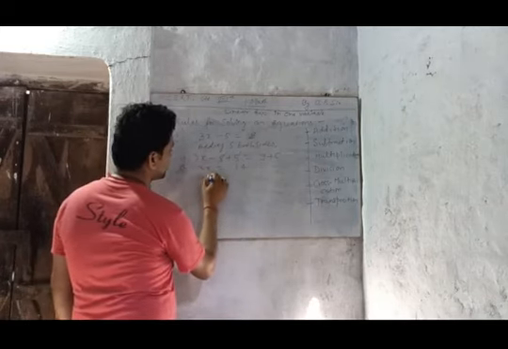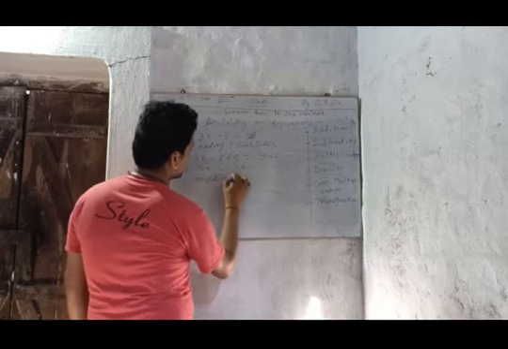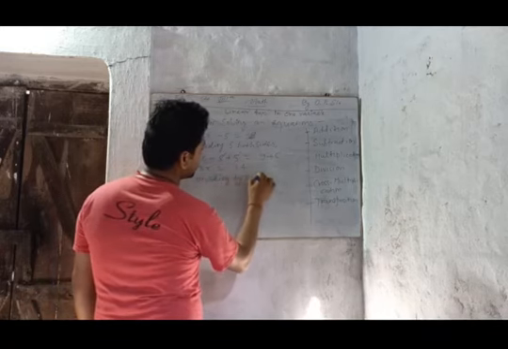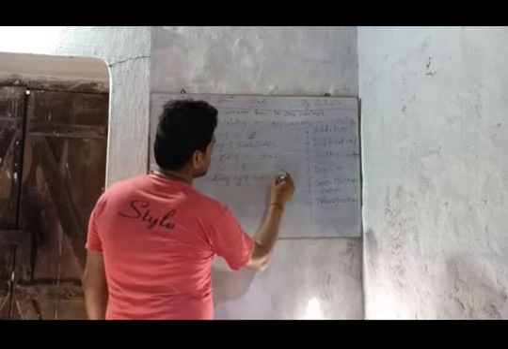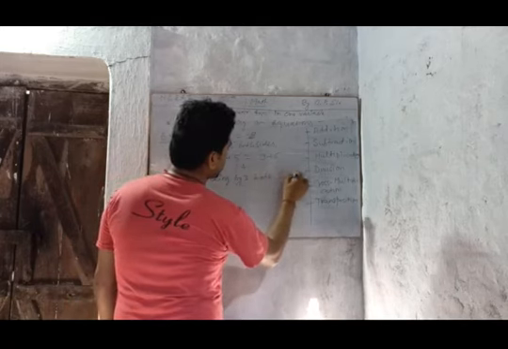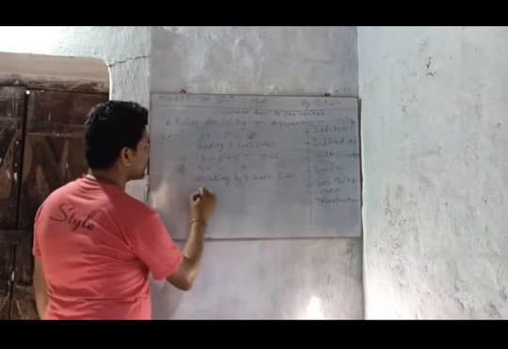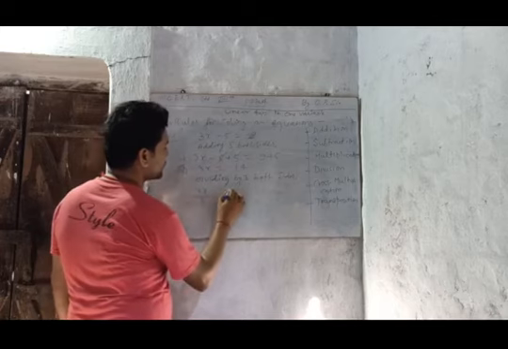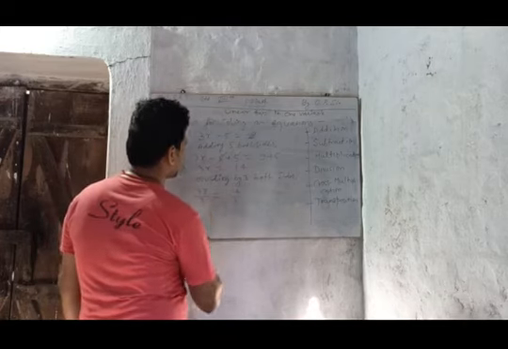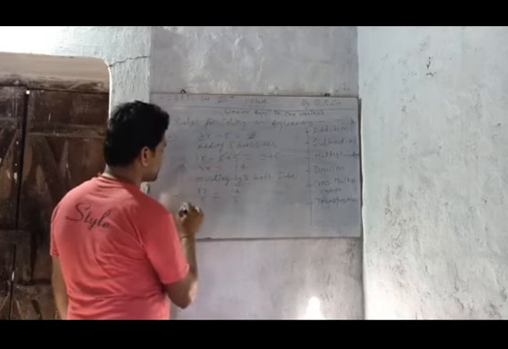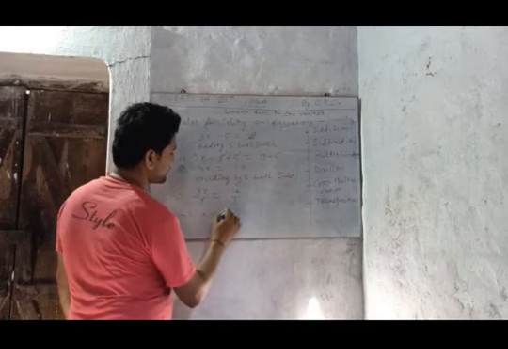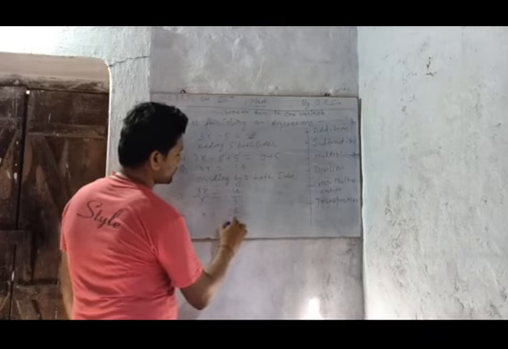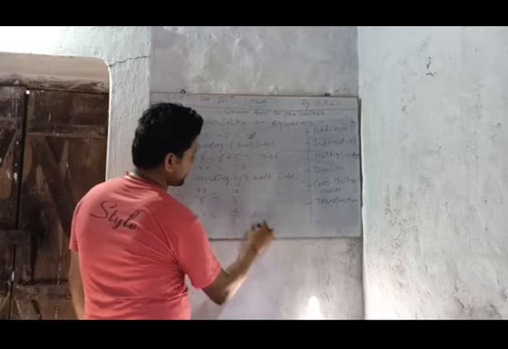Dividing by 3 both the sides. So 3x upon 3 is equal to 14 upon 3. 3 will be cancelled here. In the next step we will give x is equal to 14 upon 3 as the answer.